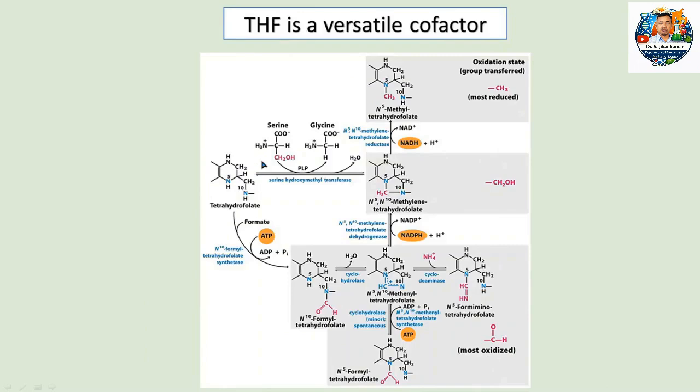As we have seen, tetrahydrofolate has different forms, and these different forms are used to carry different forms of one carbon groups. In its most reduced form, a methyl group is carried by N5-methyl tetrahydrofolate.